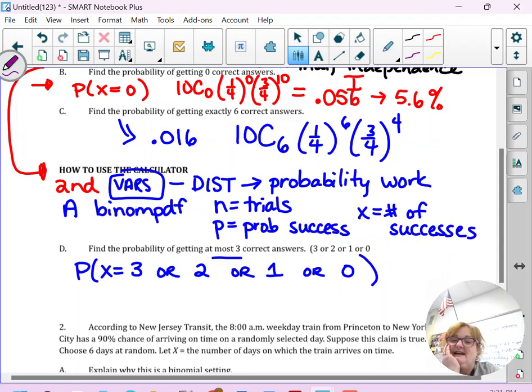What's the chances of getting 3 or 2 or 1 or 0 correct? That's 4 calculations. Well, we already know the 0 one. That's 4 calculations, but the calculator can do those for me pretty quickly. So what's the chance of getting 3 correct, 2 correct, 1 correct, 0 correct? What's the chance of this or this or this or this?